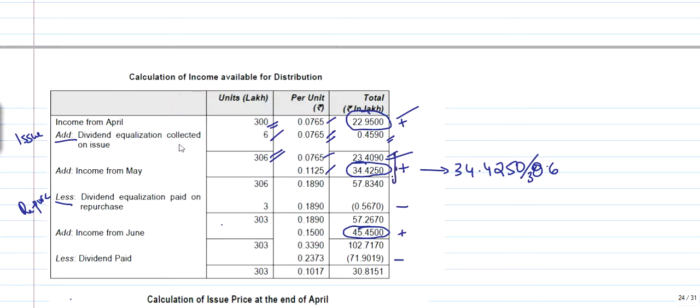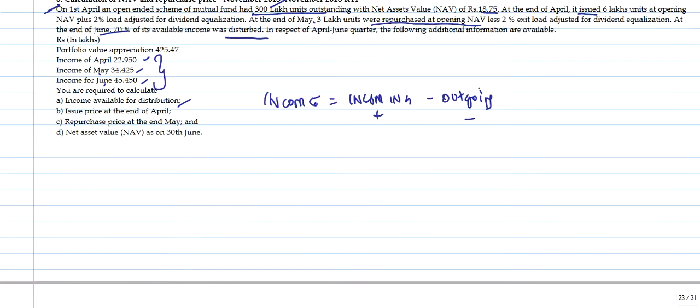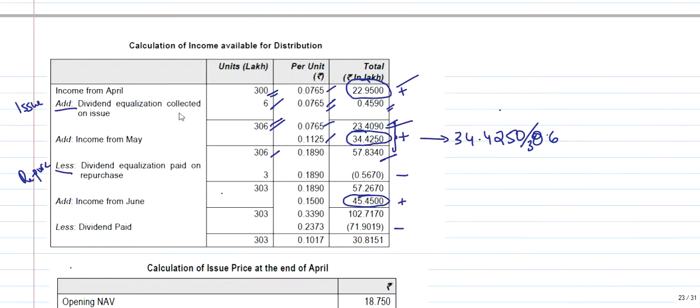So this plus this, you will get this amount, divided by 306. Next, 3 lakh units are repurchased, so 3 lakhs should be deducted from 306, giving 303, at the same NAV. 3 into 0.1890, you will get this amount.